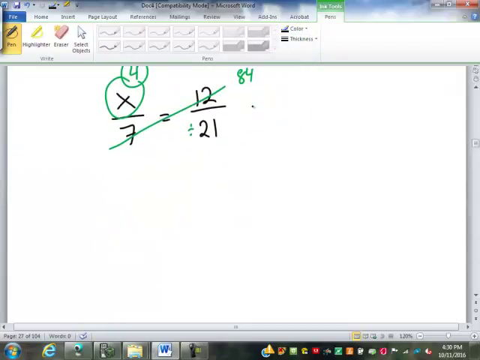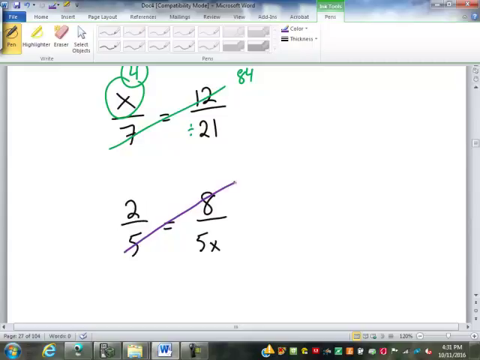But if x is not by itself, I might have something like 8 over 5x is equal to 2 over 5. So here, since x is not by itself, I can't simply cross multiply and divide. I have to fully cross multiply.